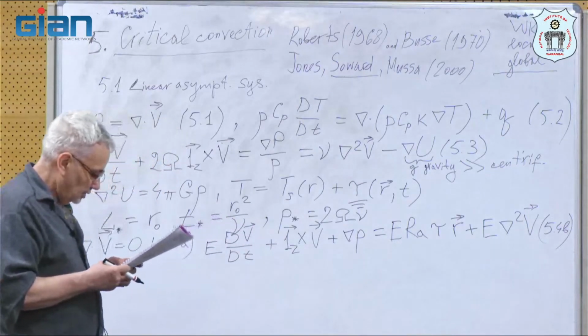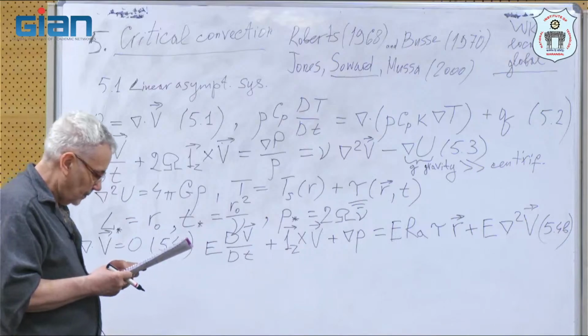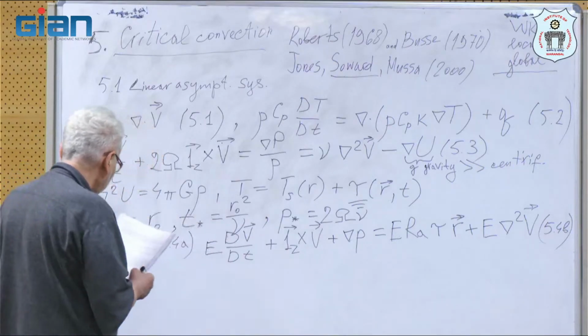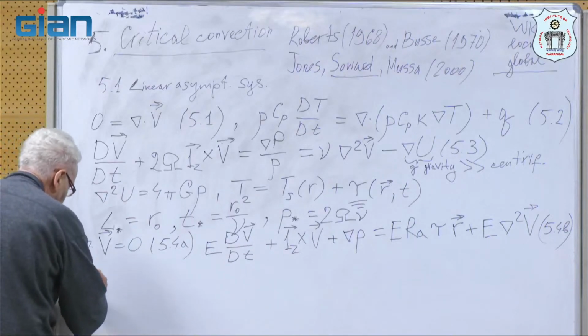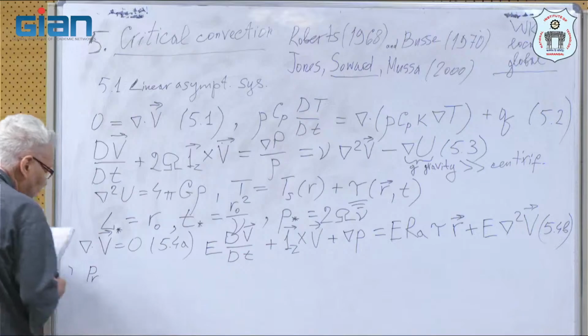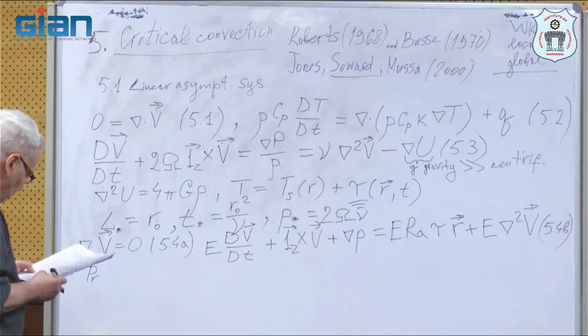Okay, so let's proceed to the final equation. The third equation in this system is the temperature equation. It includes the Prandtl number.